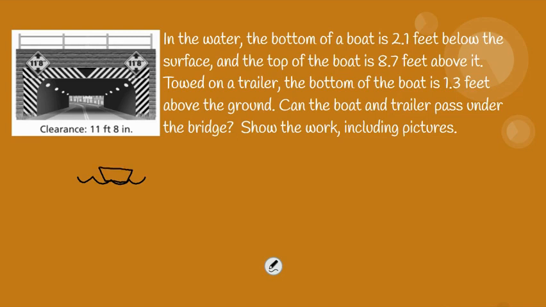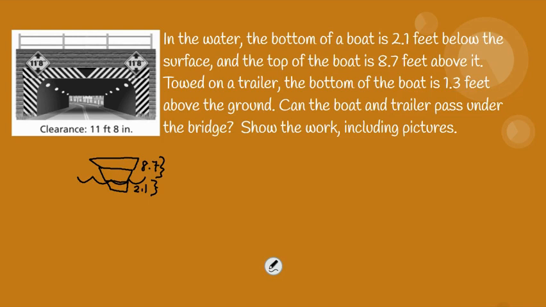If that boat sinks a little bit, 2.1 feet below the surface, right? And the top of the boat is 8.7 feet above the surface. So above the surface right here, we have 8.7, and we have 2.1 there.